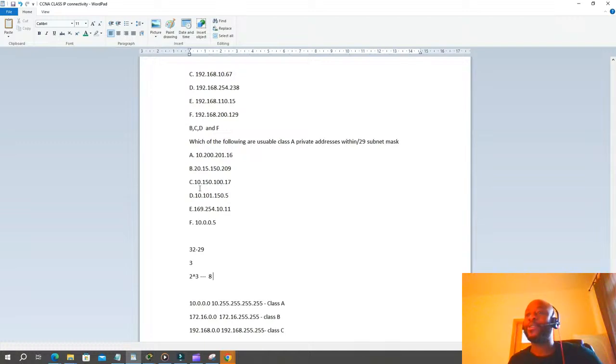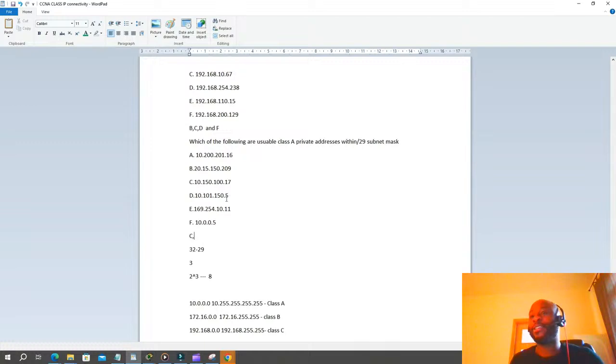10.150.100.17. So this is going to be, as you can see, we are dealing with the last octet. So 16. So as you can see, 16 starts this octet and 17 is going to work. So C is correct, right? Then 10.101.150.5.